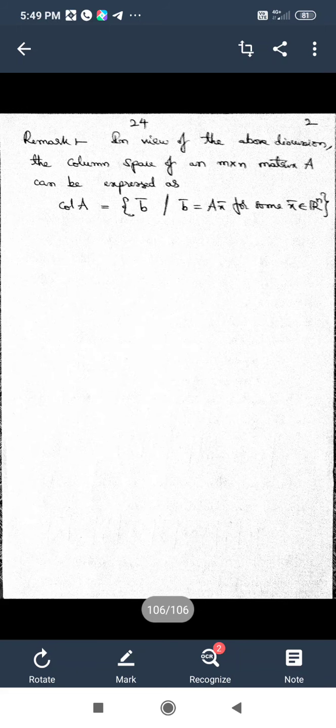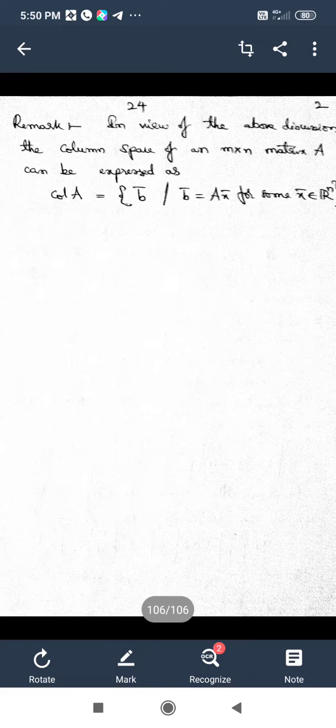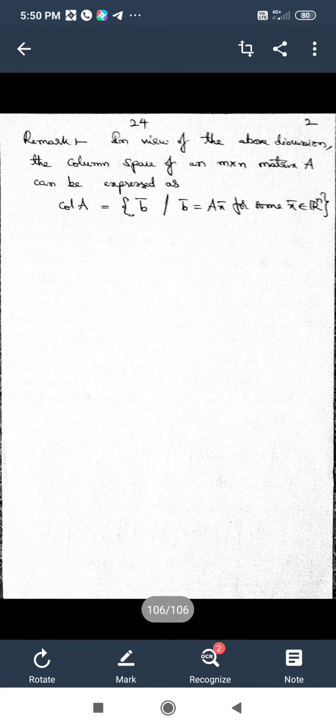In view of the above two subheadings, the explanation given there can lead us to the definition of the column space of an m by n matrix A in a different way. Let us see how it goes.